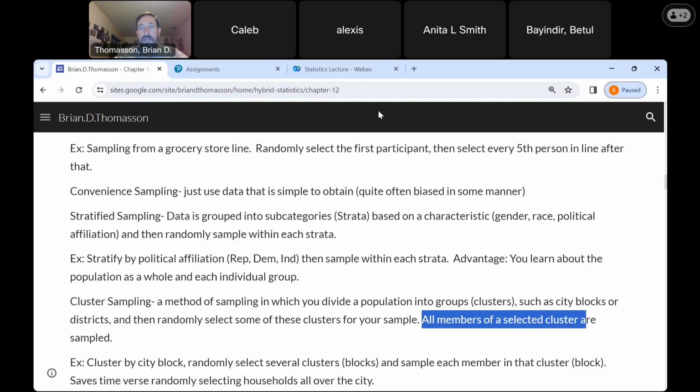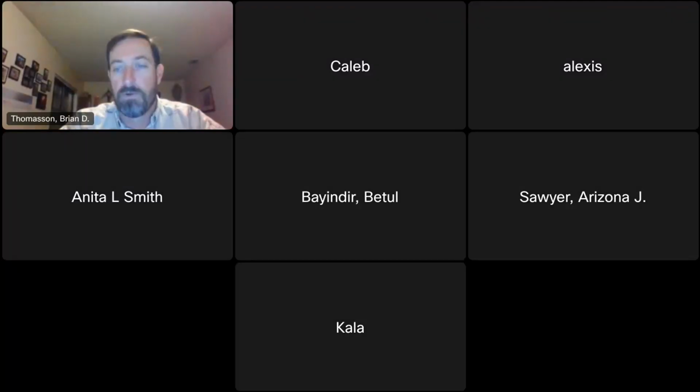Okay, so let's go back to your question. Here it says, to determine customer opinion of their check-in service, American Airlines randomly selects 150 flights during a certain week and surveys all the passengers in the flight. So the key there is all. They're clustering by flights.